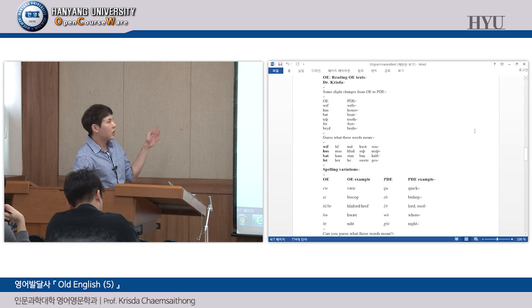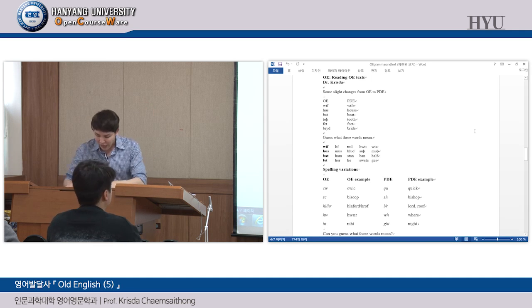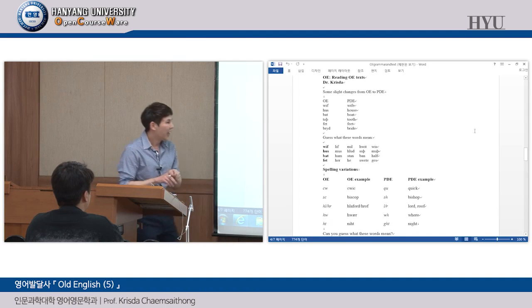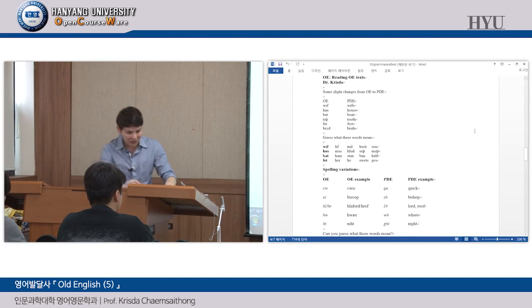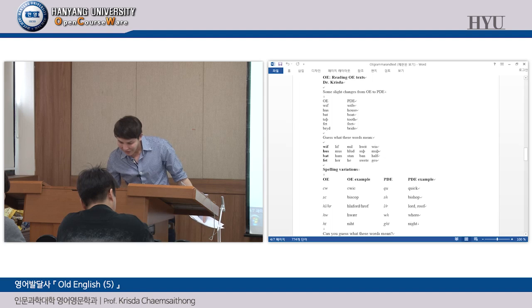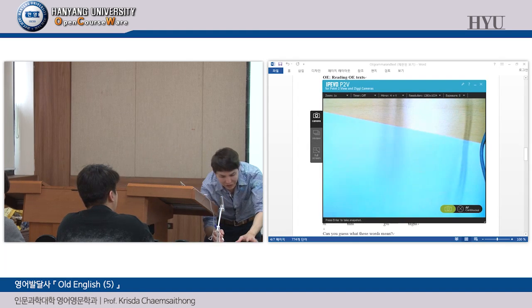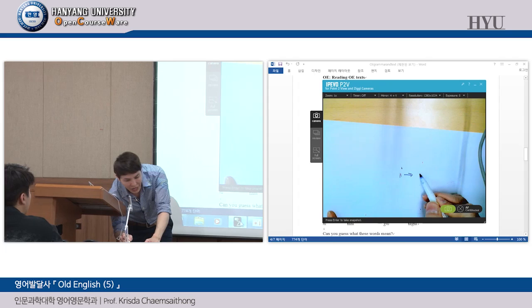Now I have the same words here on the left-hand column, but the words on the right, you have to guess. Can you guess what they mean? Wif goes to wife, right? So lif goes to life, right? Easy. Mil goes to, e goes to i, right?